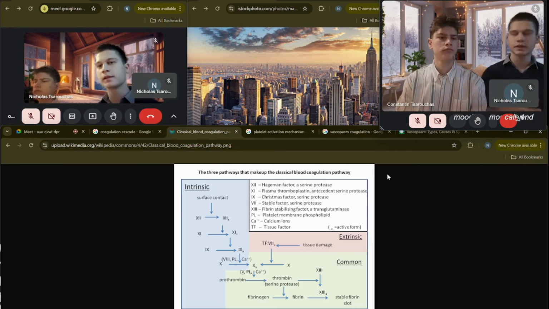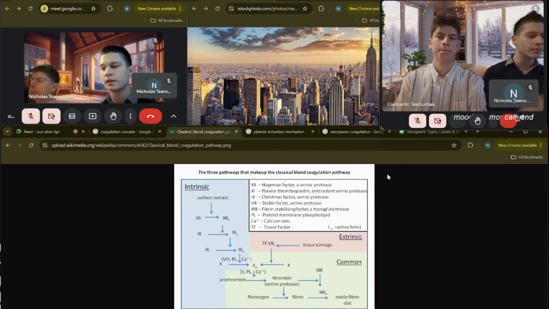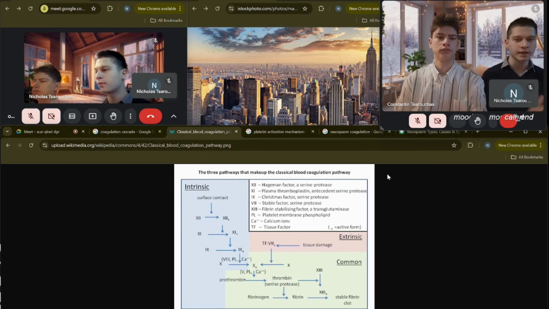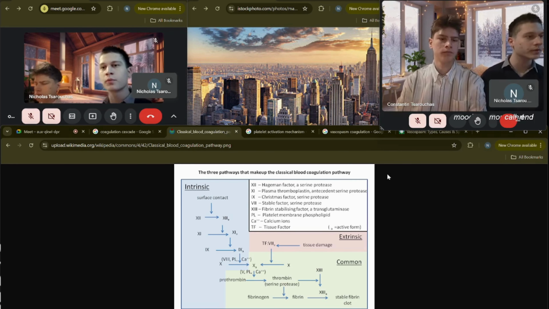Rivaroxaban is really cool in that its name has that Xa, the 10A. Rivaroxaban inhibits 10A directly, and dabigatran inhibits thrombin. They directly bind and inhibit 10A from cleaving prothrombin to form thrombin, and dabigatran inhibits thrombin from cleaving fibrinogen.